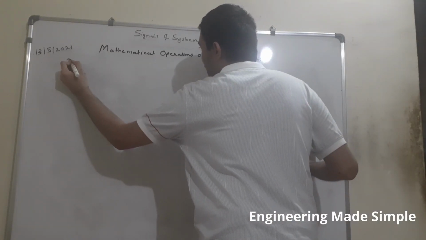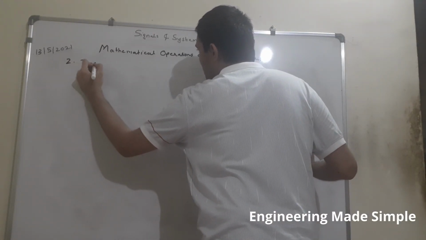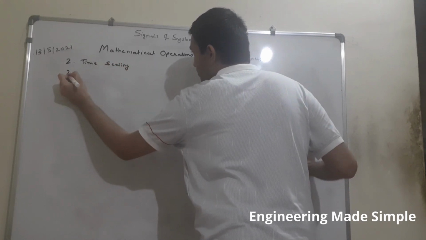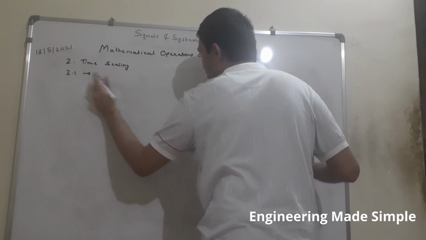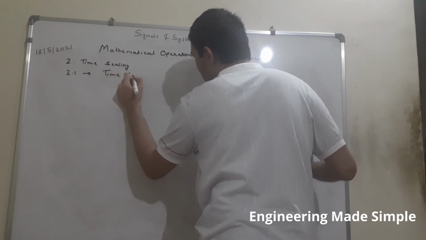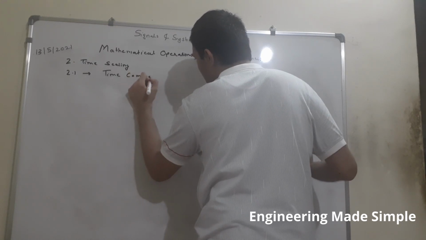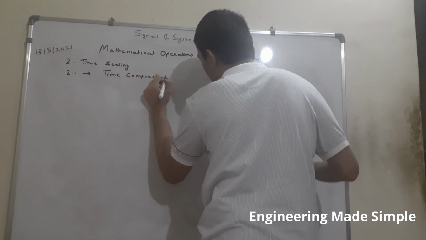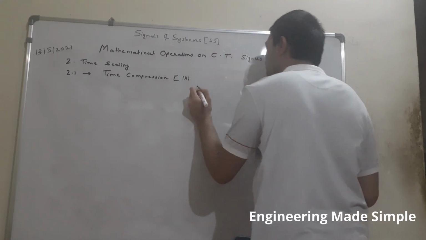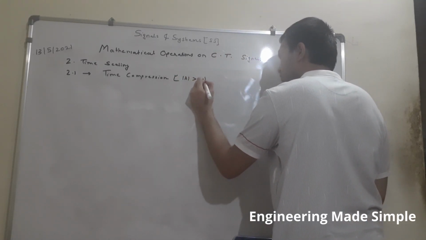Now we were studying time scaling. In that we will study the subtype, time compression. Time compression is there when your constant value is greater than 1.